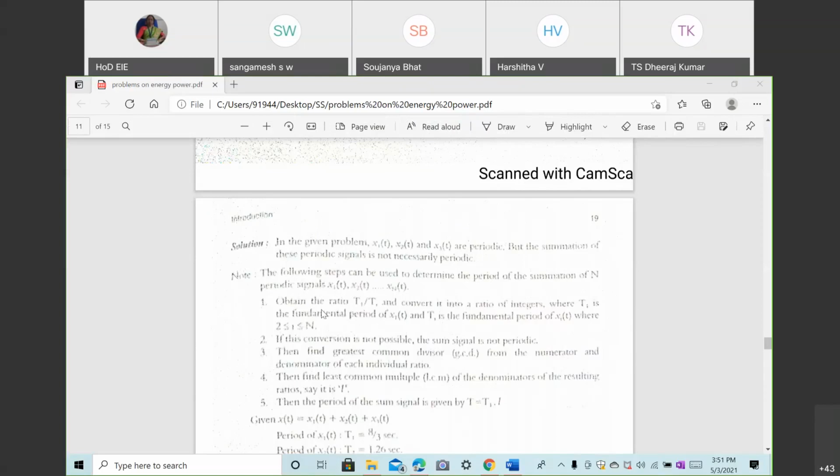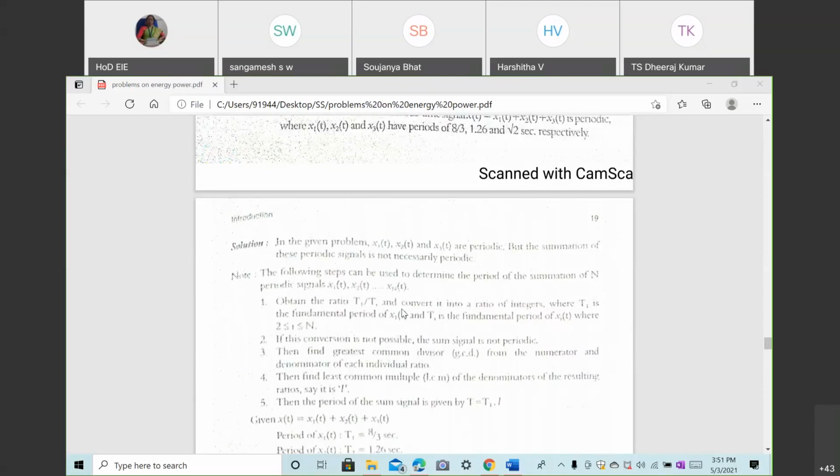They told to obtain the ratio T1 by T2 and convert it into a ratio of integers, where T1 is the fundamental period of x1 of t and T2 is the fundamental period of x2 of t, where i lies between 2 to n.